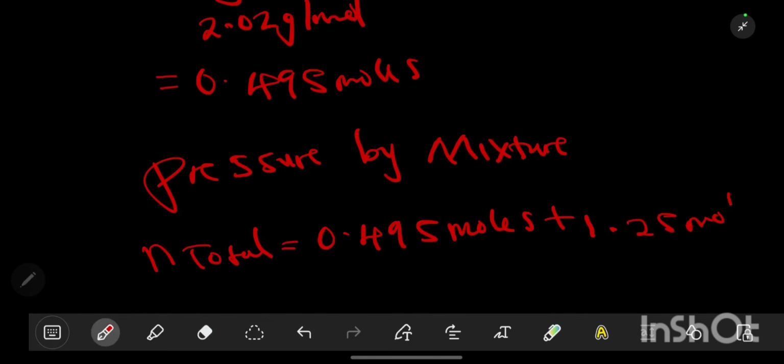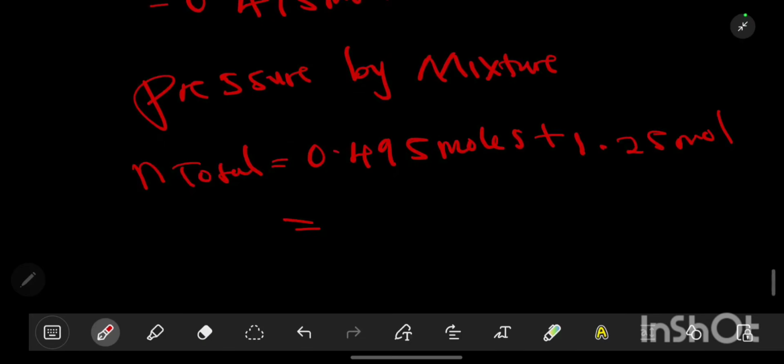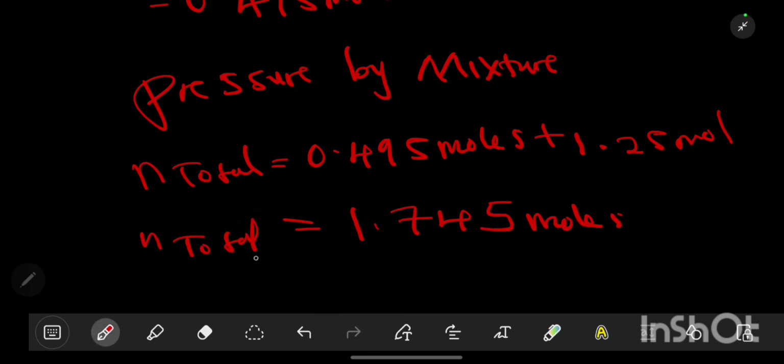This is going to give us 1.745 moles. So this is the total number of moles, our n total.